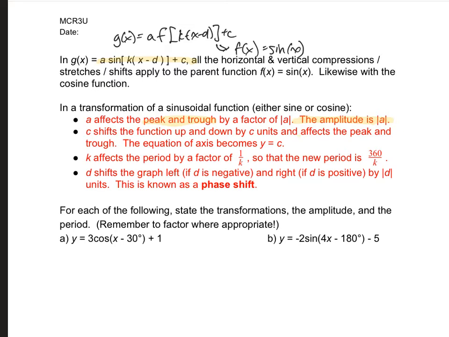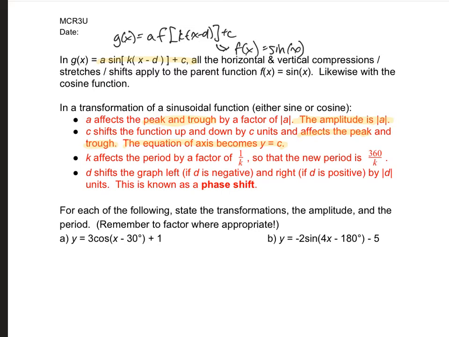So this is going to affect the peak and the trough. But we could also determine in general that this changes our equation of axes. Normally it is y equals 0, but if we move it up and down by c, then the equation of axes becomes y equals c.